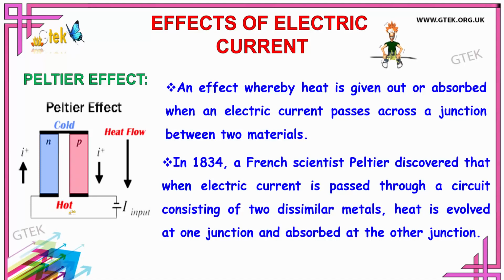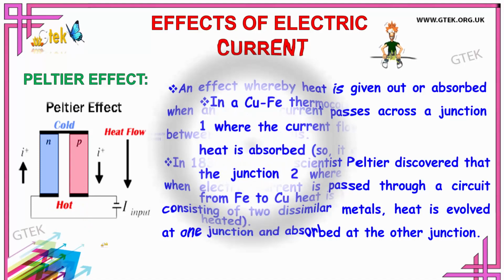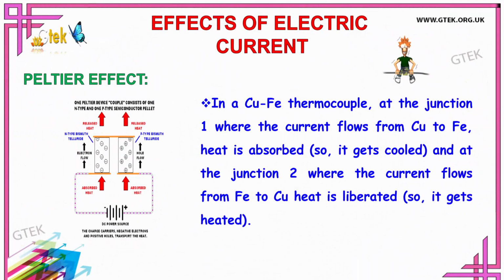Heat is evolved at one junction and absorbed at the other junction. They have shown the heat flow in the previous screen from top to bottom. Here in this Peltier effect you could see that heat is absorbed at the bottom and released at the top.